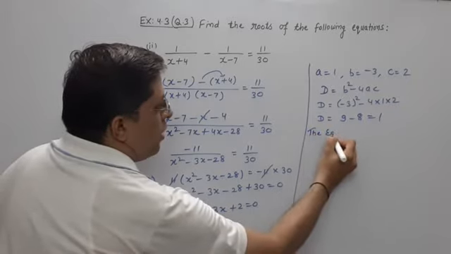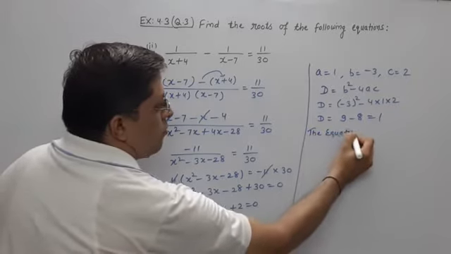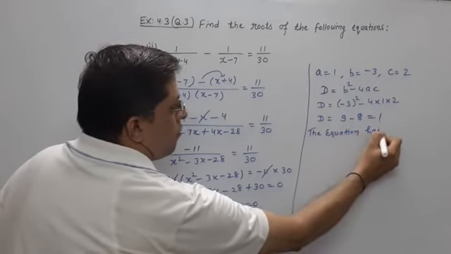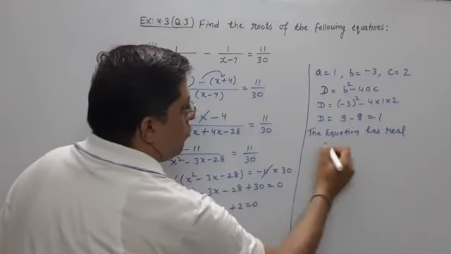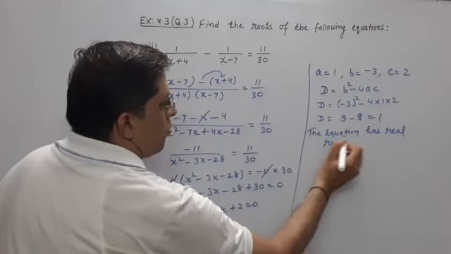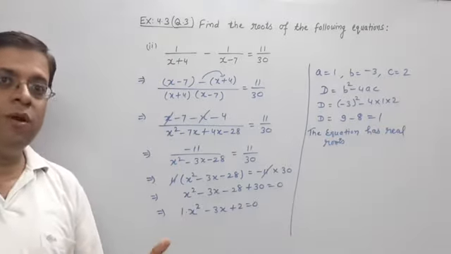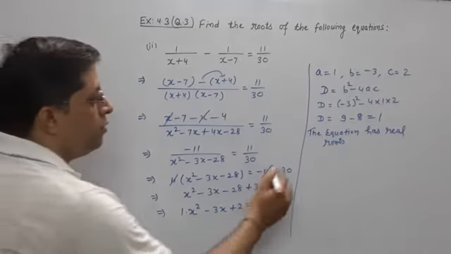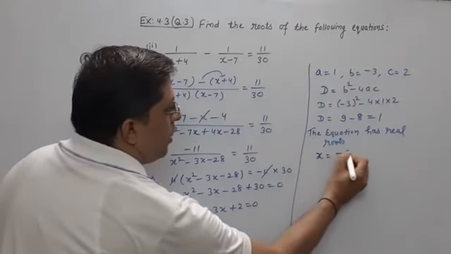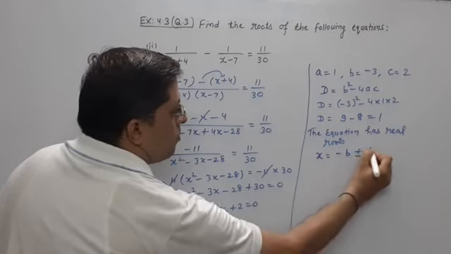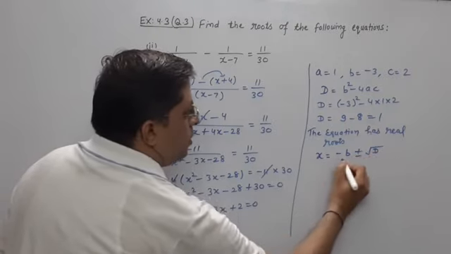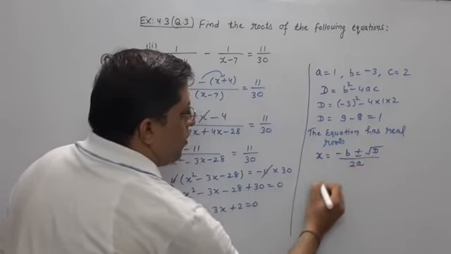The equation has real roots. Okay. How can we get roots? We have one formula, Sridharacharya formula. What is the Sridharacharya formula? Minus b plus minus under root d upon 2a.